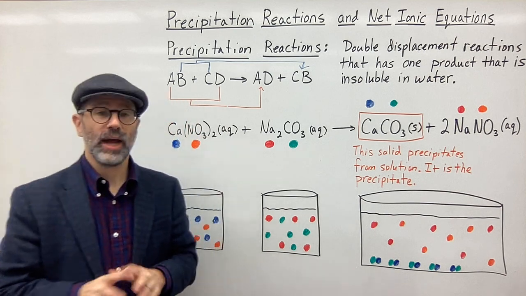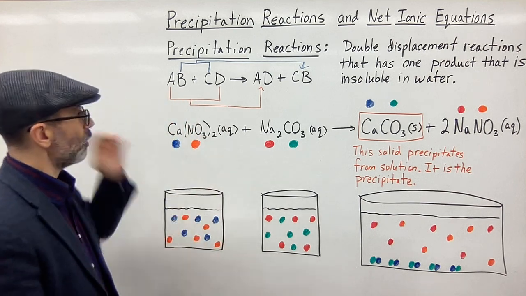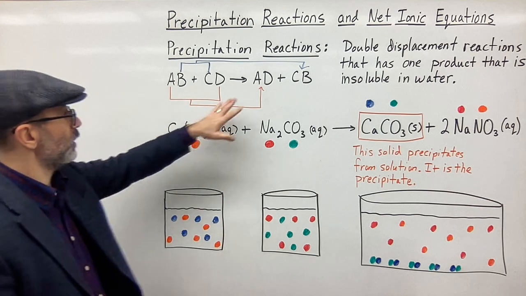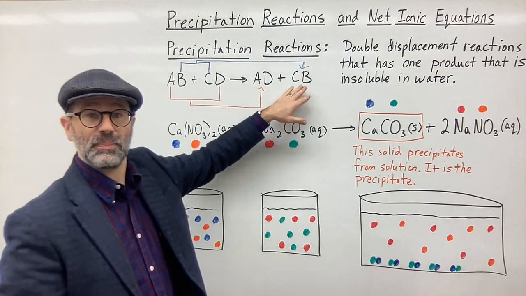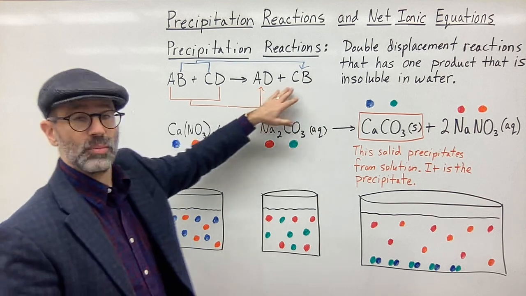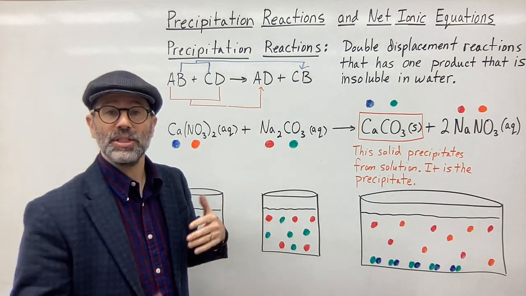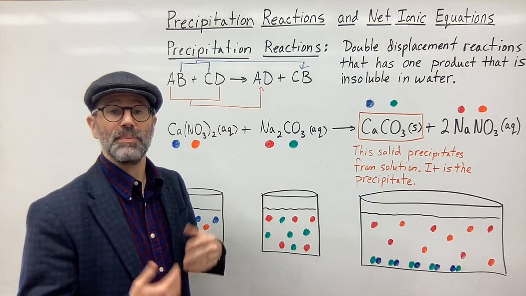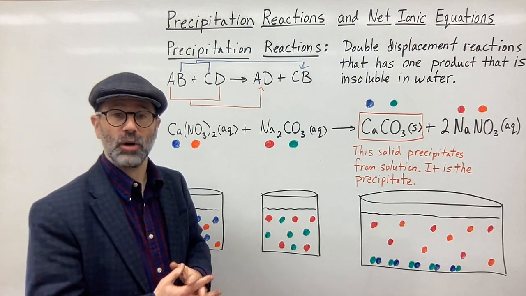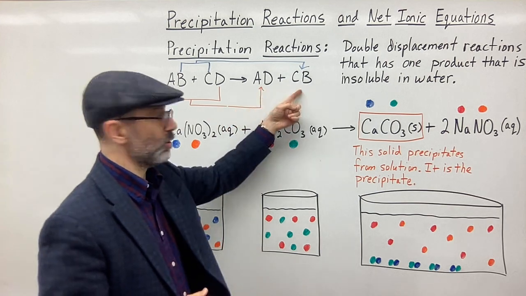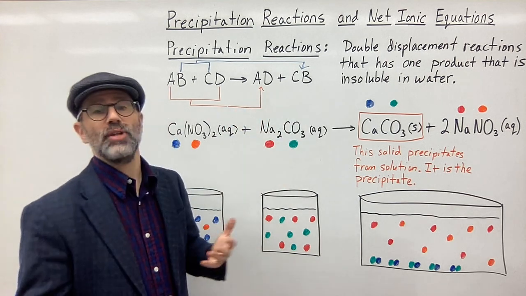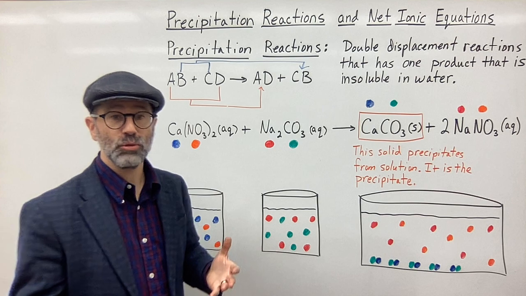Okay, so now once you've figured out what the products are, you have to figure out whether a precipitate forms. Does a solid form? Is it insoluble in water? Are any of these insoluble in water? And to do that, you have to use your solubility rules.